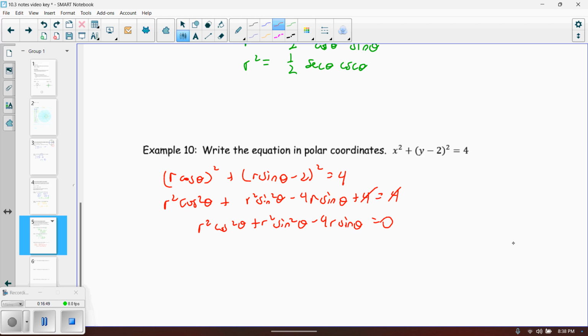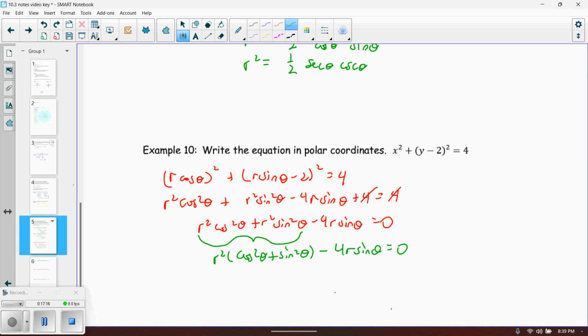One of the things that makes this easier is to notice the combination right here, r squared cosine squared plus r squared sine squared. If I factor out just the r squared, that leaves me with cosine squared theta plus sine squared theta, which is one of our nice special identities, kind of the most important one to know. Cosine squared of an angle plus sine squared of the same angle is 1.